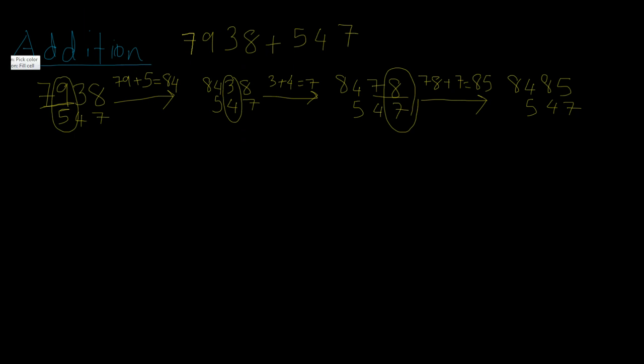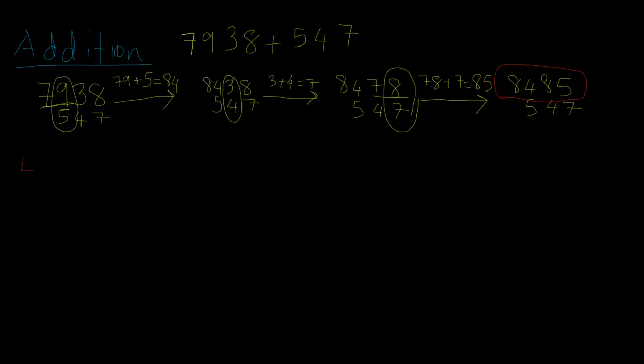Now we are finished adding every digit of the number below to the number above, and at the end of the process we obtain the answer on the top. So this is the operation of addition. I think it is pretty straightforward.